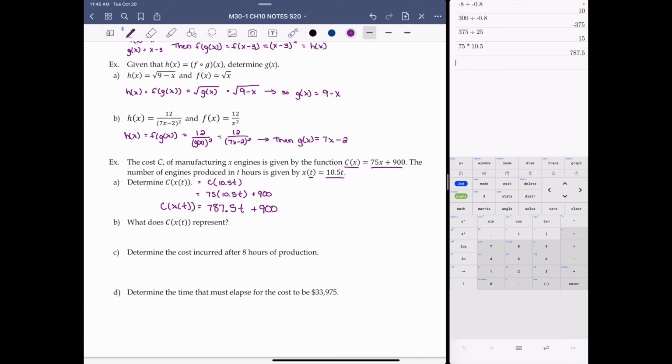So C(x(t)) represents the cost of manufacturing engines for t hours.